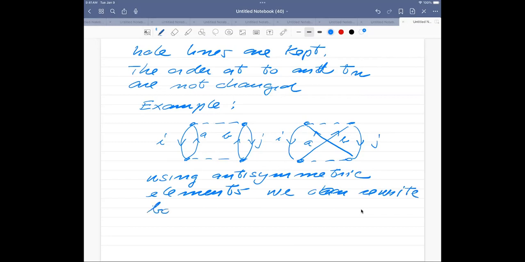Both have the same expressions, so we would then shrink the vertices to just these dots. So we are using the Hugenholtz representation. So we have two particle lines, A and B, and then we have the two hole lines here. This is I, and this is J.